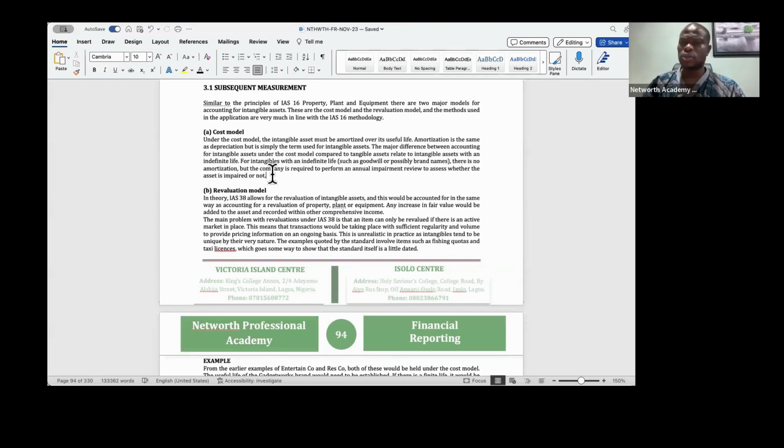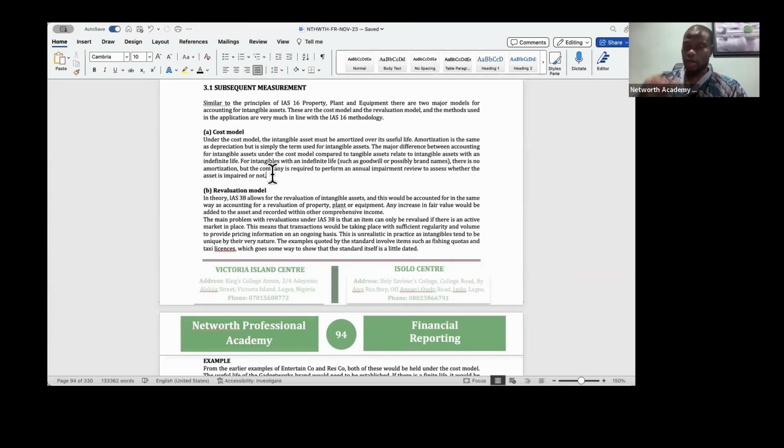Like a website, for example. You incurred money to develop a website. It's an asset to you, and it is intangible. But what is the useful life? It can be indefinite, so you need to be reassessing it every year. Is this useful life still indefinite? Because the thing about technology is that a new technology can render an intangible asset obsolete, and you'll have to develop it over again.